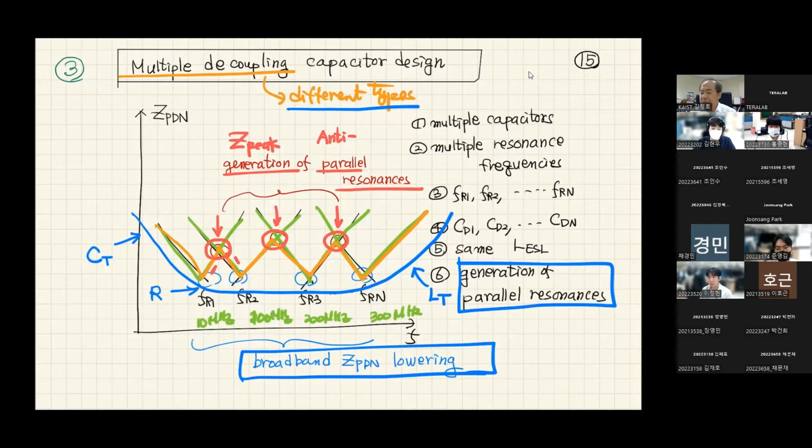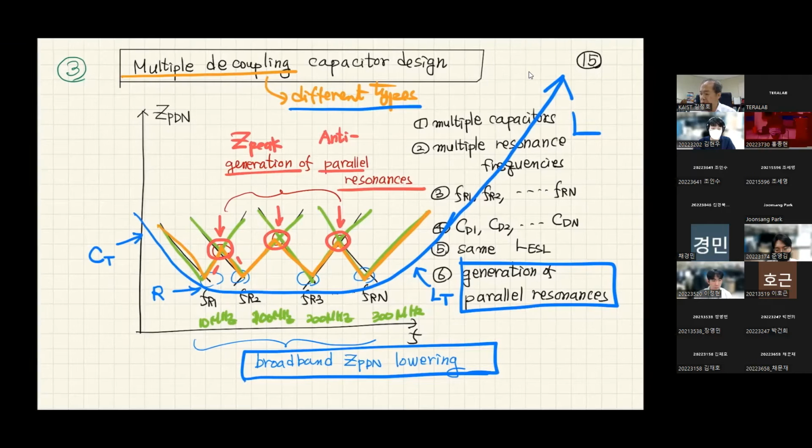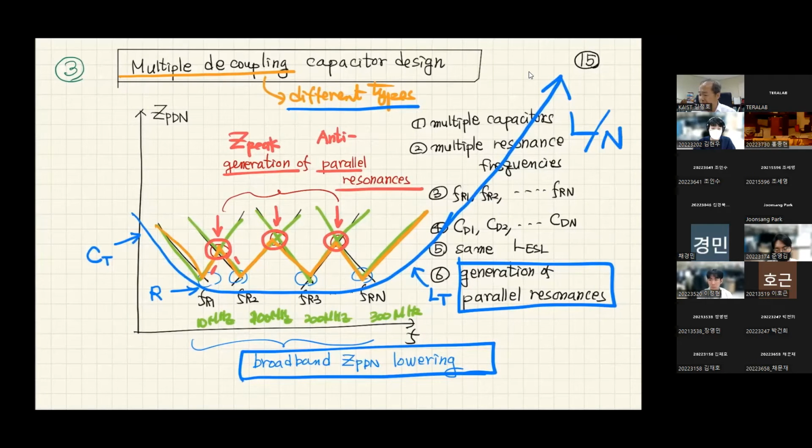And still, this approach may not work very well in the gigahertz range, because at high frequencies it is going up and up again because of the inductance. Even though you have many decoupling capacitors, where inductance is usually divided by n, it's still gonna have inductance.